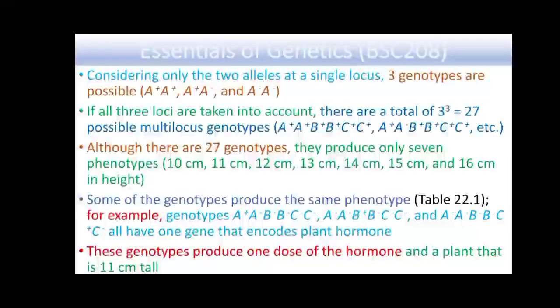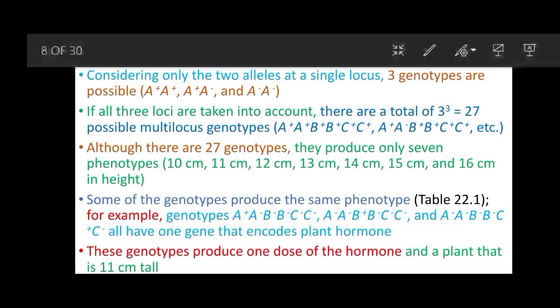So now consider only the two alleles at a single locus. At a single locus we have a total of two alleles, and these two alleles produce three genotypes: A plus A plus, A plus A minus, and A minus A minus. If all three loci are taken into account, then we can calculate that there are a total of 27 possible genotypes.